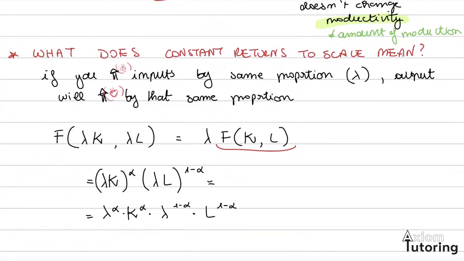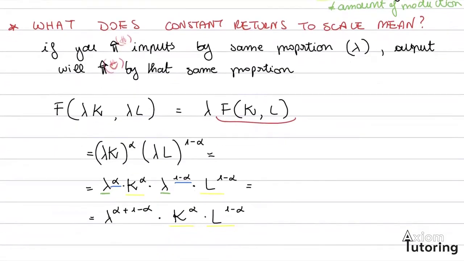So what can we do now? Since we have the same base, lambda, and just a different exponent, we can combine them and sum up the two exponents, so that we have lambda to the power of alpha plus 1 minus alpha, and then times K to the power of alpha, L to the power of 1 minus alpha, which are these last two terms.